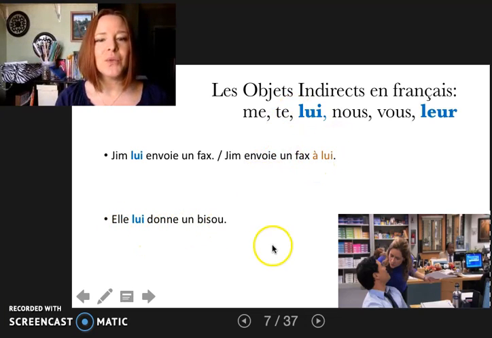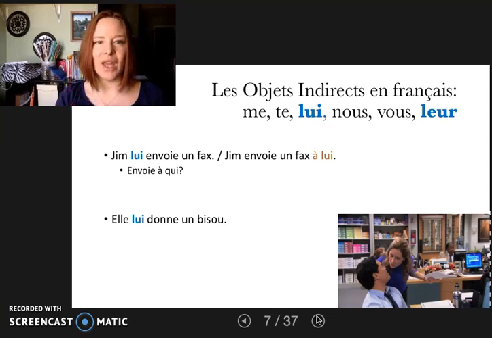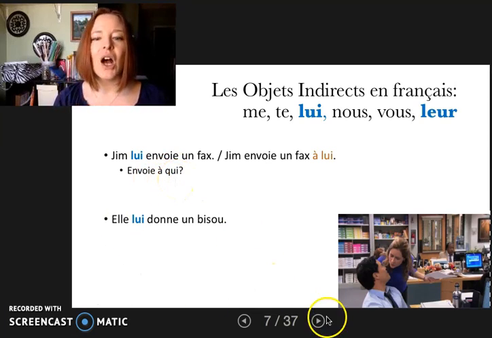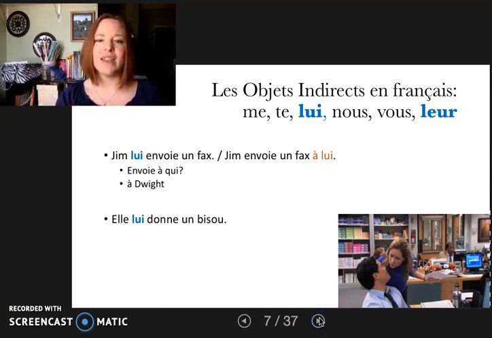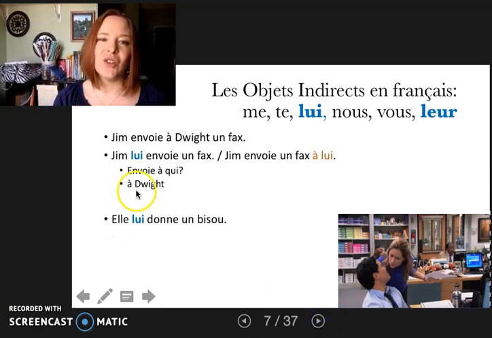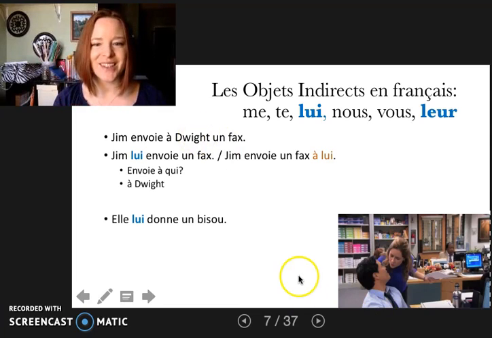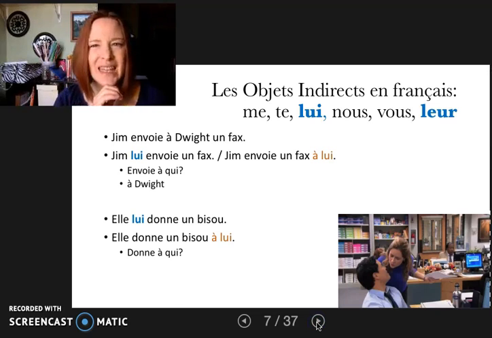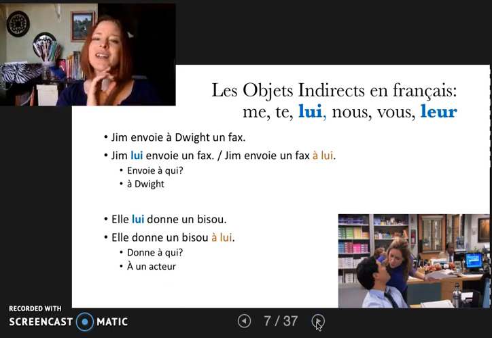Or elle lui donne un bisou. I can deconstruct it in the same way. So he sent to whom or to what? Oh, that's right. It was to Dwight. So the whole sentence would be Jim envoie à Dwight un fax. Elle lui donne un bisou. Oh, yeah. Elle donne un bisou à lui is also possible. So à qui? Oh, à un acteur.